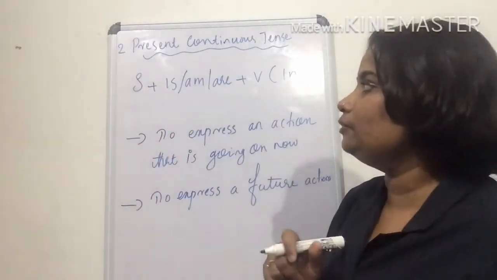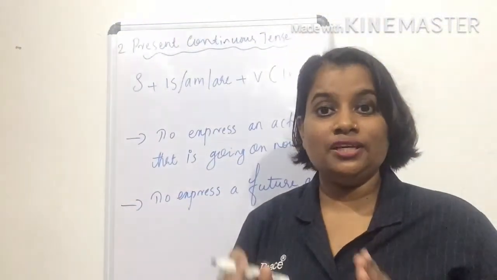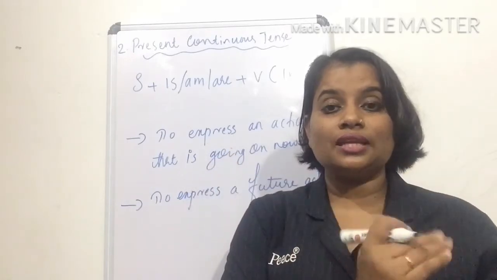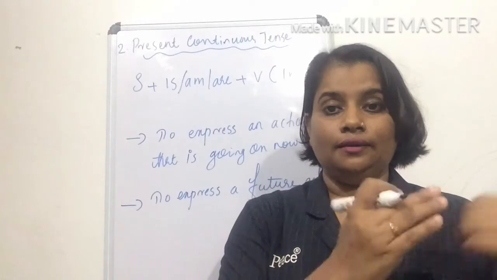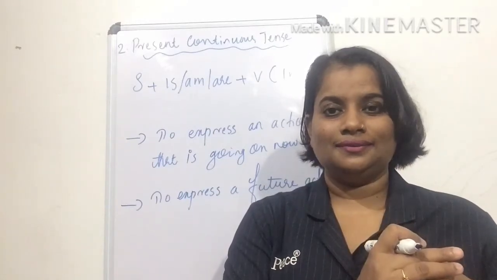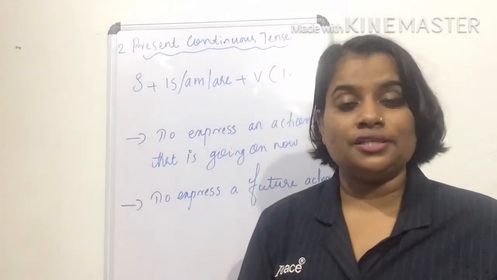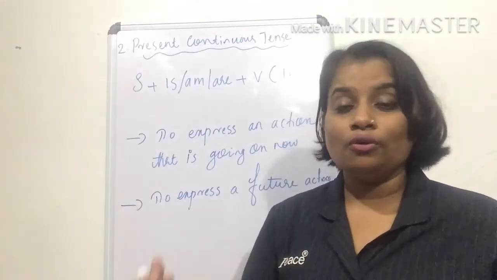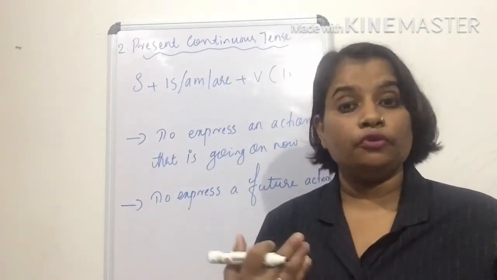I'll give you some examples. She is writing. He is sleeping. They are playing. Then I am writing. I am watching. In all these sentences you can see the verb ing form.